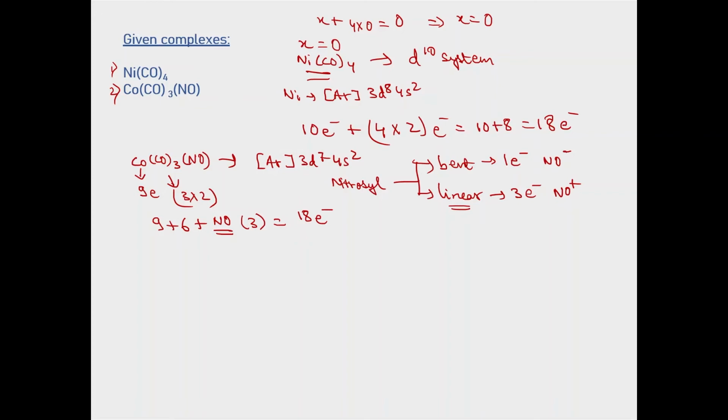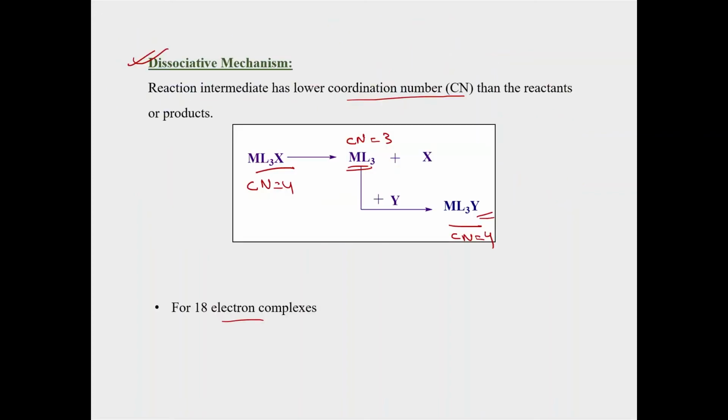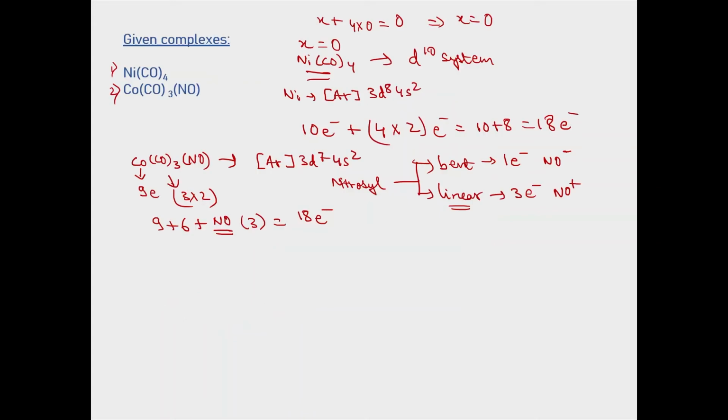So from this then we will think that, as we discussed, for 18 electron complexes, dissociative mechanism takes place for ligand substitution. But what we have to see is, as we said, in this cobalt complex, nitrosyl ligand is present, which can coordinate in both bent and linear fashion.